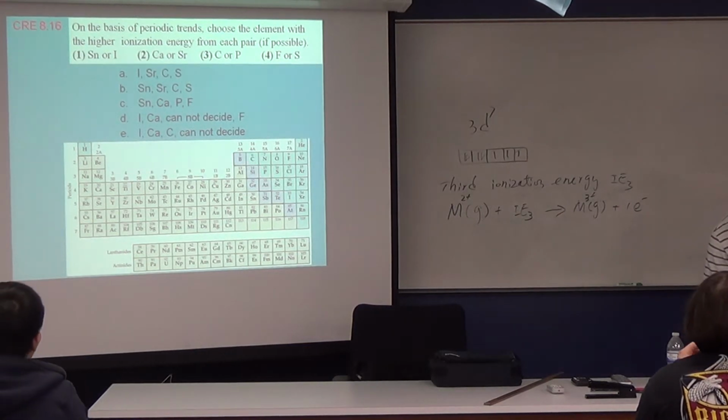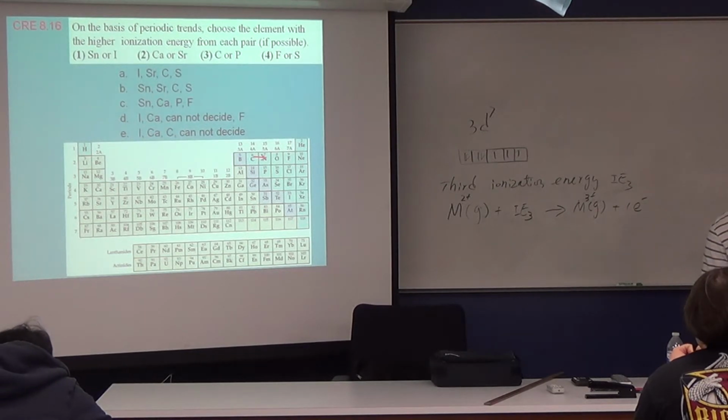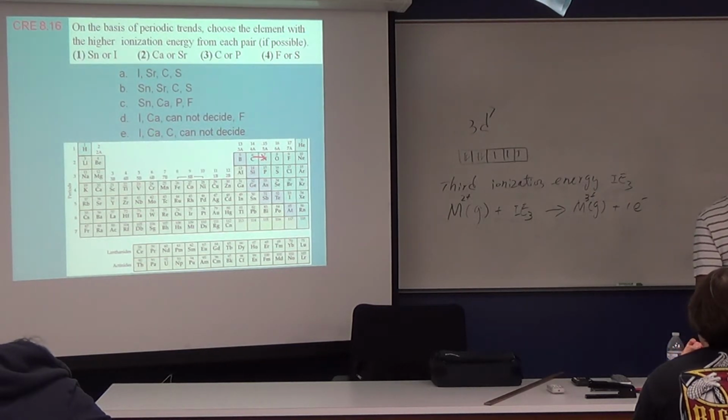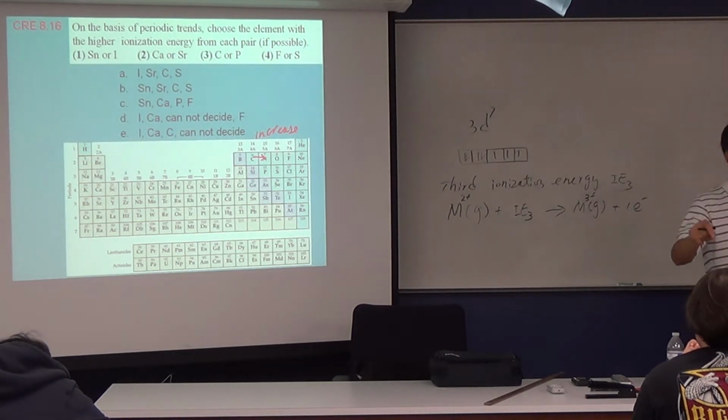So I will first go from carbon to nitrogen. Is this arrow increasing the IE1 or decreasing the IE1, going from left to right? For the IE it is increase, for the radius it is decreasing. So this is the increase. You have to go all the way to the atom you want to compare.